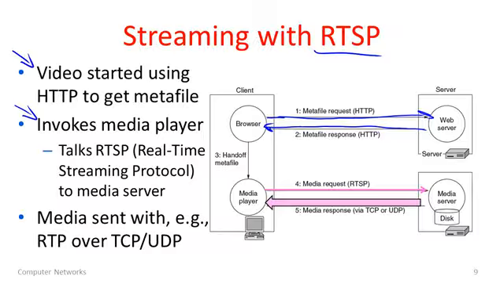At this stage, the browser hands off an RTSP URL to the media player. The media player, if this is RTSP, will then send a media request and set up a session and do the negotiation with the media server. And then all of your media response will come back, whether it's via TCP or UDP, often as RTP information carried over those two.